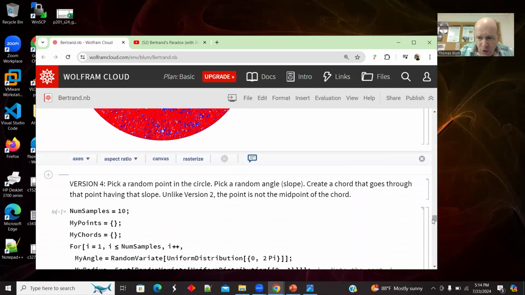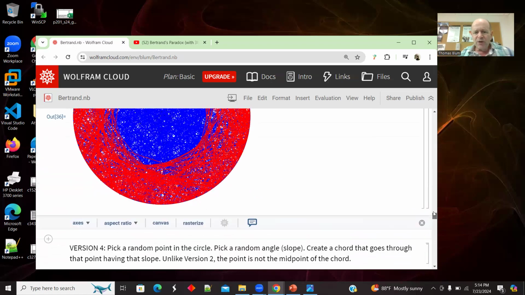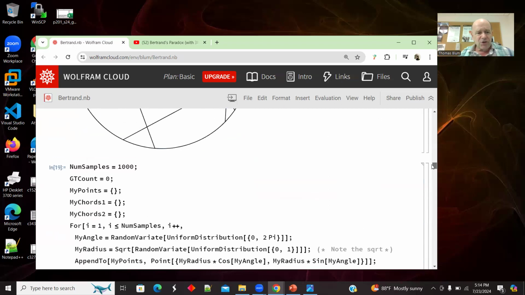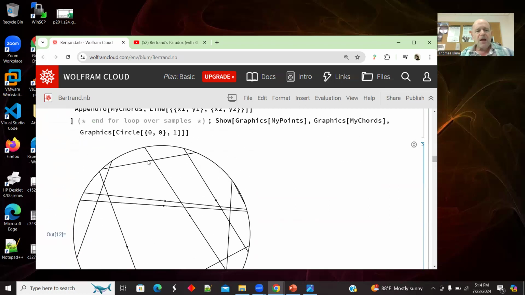I made a version 4, glutton that I am. In version 2, I picked a point and I made the chord. I constructed my chord from that point by making it the midpoint of the chord.